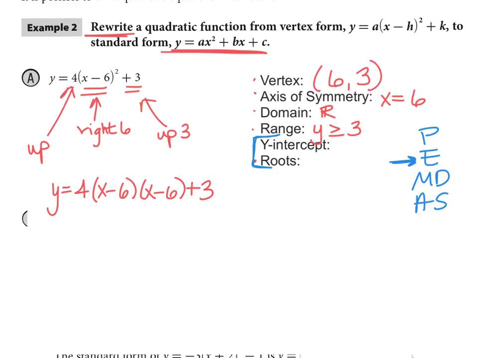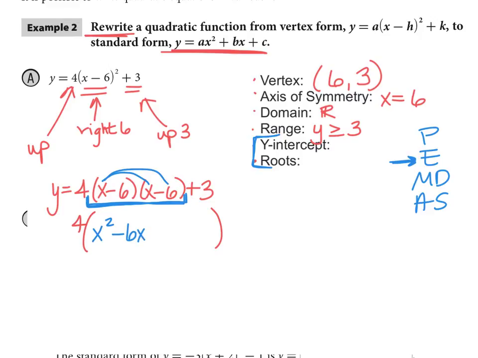All right, now I'm going to multiply these things together before I deal with that 4. So when you have this, remember that we're going to distribute twice. So I'll color code it for us. So I've got 4, and then this is going to be one big long parenthesis. x times x is x squared. x times negative 6 is negative 6x.